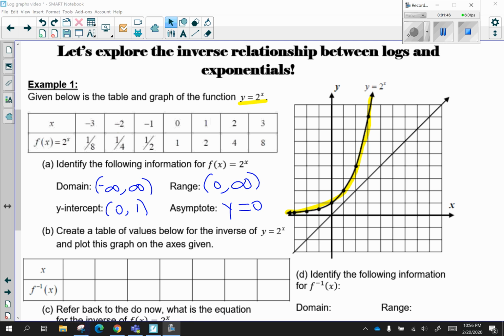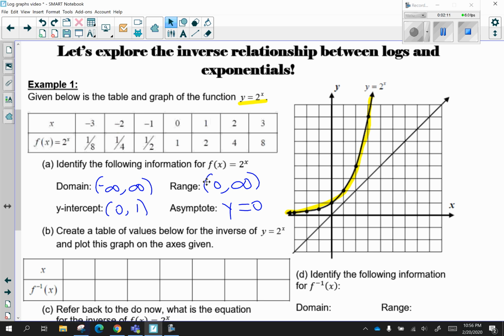So hopefully you recall most of this information, but even just observing the graph of y equals 2 to the x, the domain we could see going all the way to the left goes to negative infinity, and keeps going to the right to positive infinity. The range, we observe that this only goes as low as getting really, really close to the x-axis.